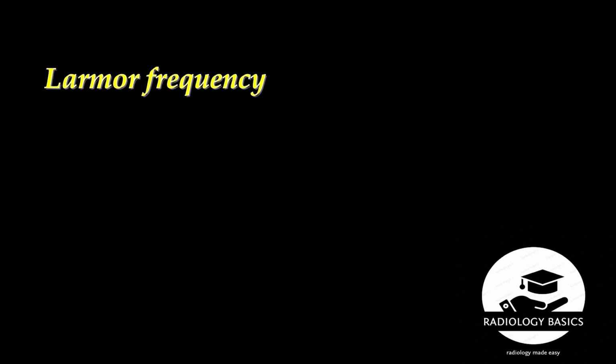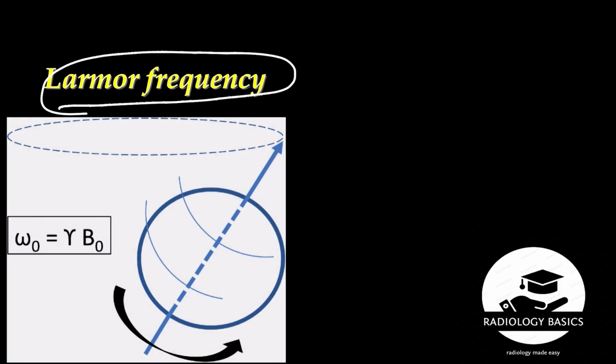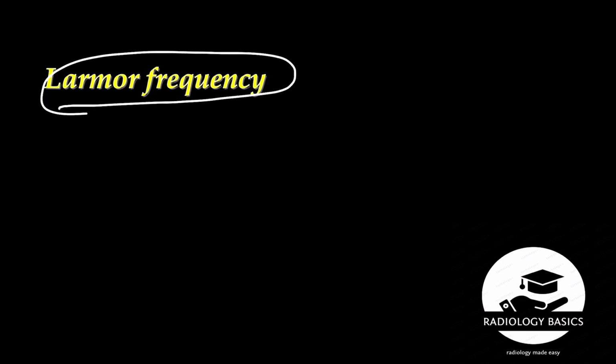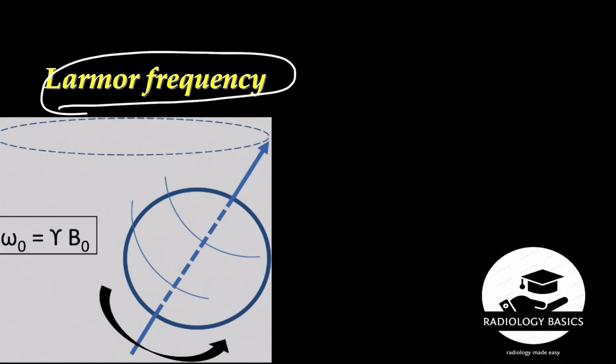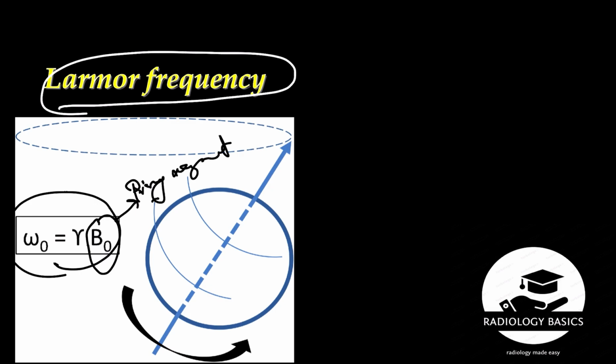It's given by an equation called the Larmor frequency. What do you mean by Larmor frequency? Here we can see omega naught is equal to gamma B0. This B0 is the main magnetic field, the primary magnetic field, and omega 0 is the precession frequency.